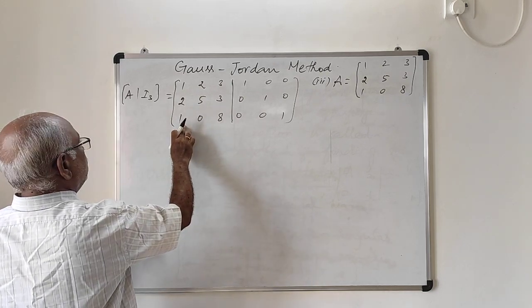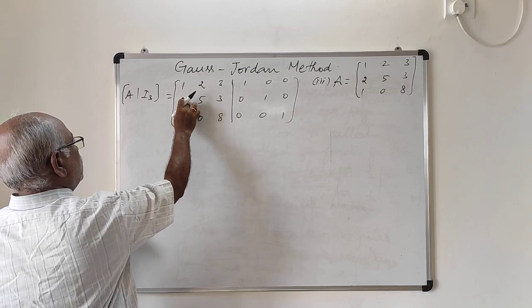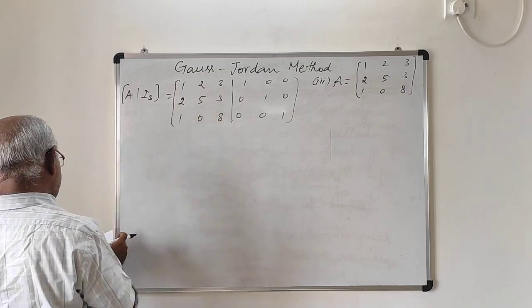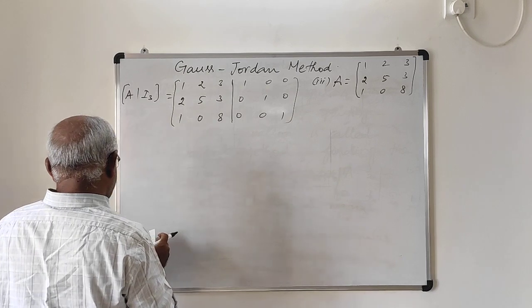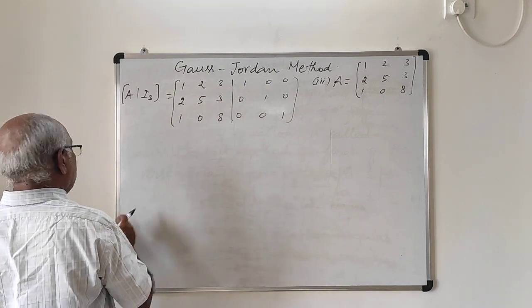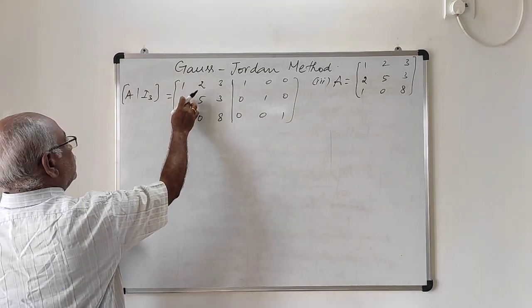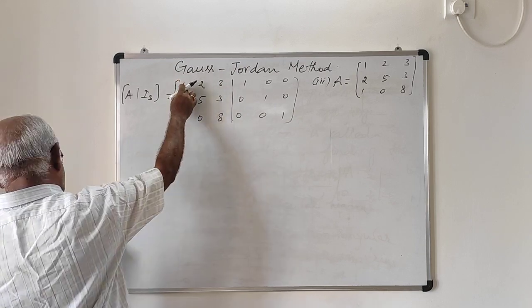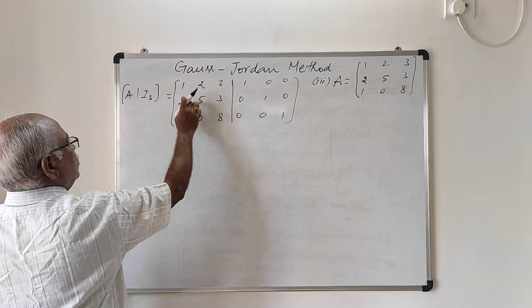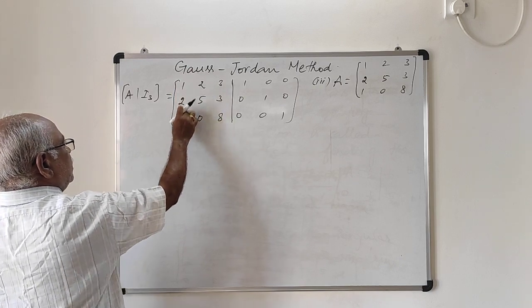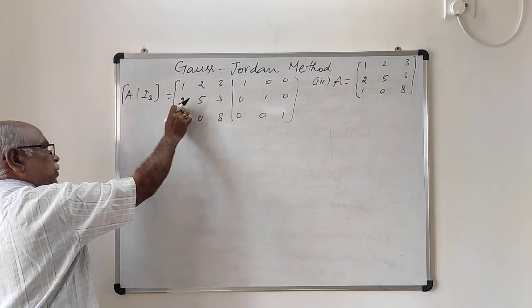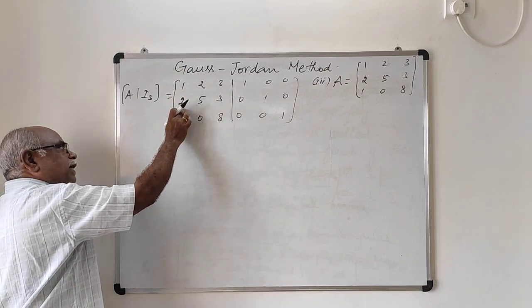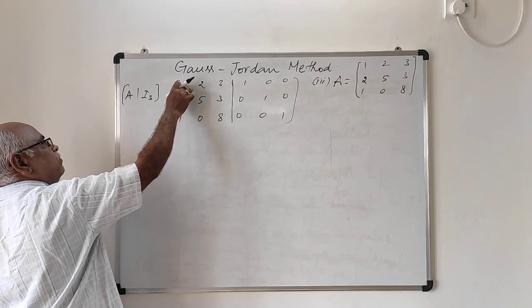To convert these two elements into 0, the first operation is R2 is R2 minus 2 times R1, and R3 is R3 minus R1. These two operations you write simultaneously.